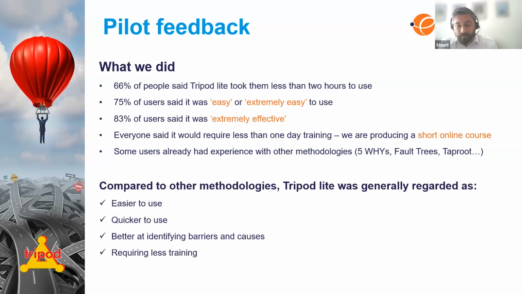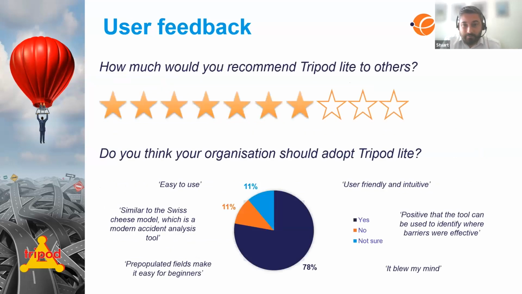I think that was important as well, just how it compares to other methodologies. And importantly, we asked, do you think your organisation should adopt Tripod Lite? And 78% of the respondents said yes. So again, very positive feedback.